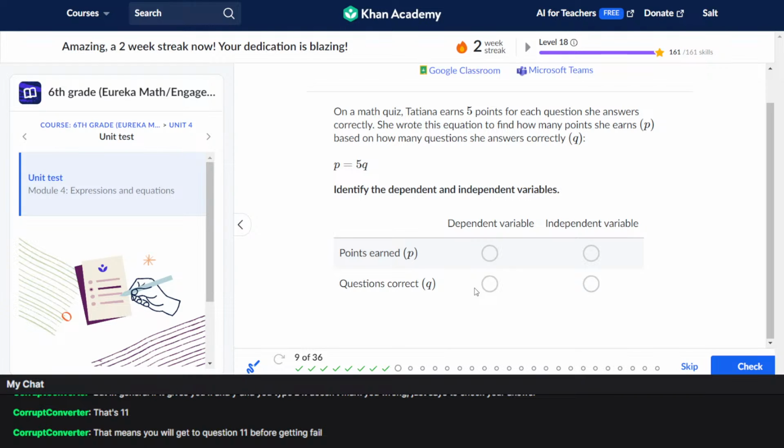Corrupt Converter says that means you will get to question 11 before getting fail. That's not what that means. 5 points. Points must be dependent, because it depends on how many questions there are. I bet this one's independent. I don't know, I just feel like it is. Good, thank God.